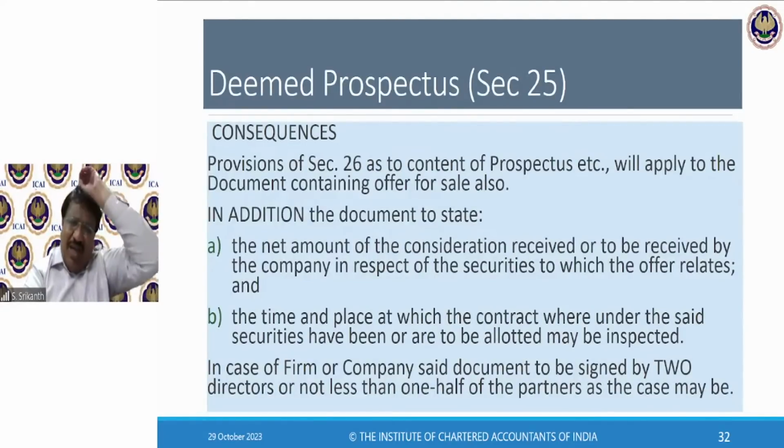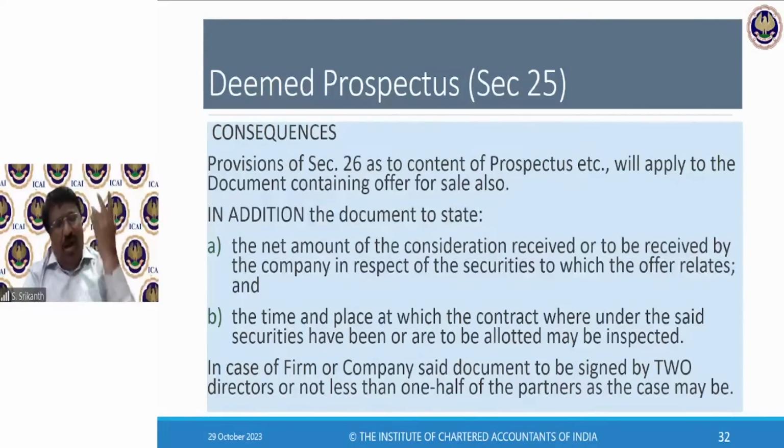It has always been there from the beginning, because this deeming is something they wanted to catch at that time itself. So section 25 is not brought about in the new law; it is part and parcel of the old law. Earlier it was called section 64, now it has become section 25.